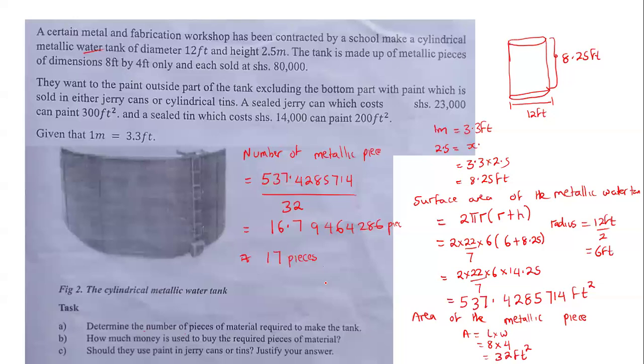I think people have got the money. Now for part B, how much money is used to buy the required pieces of the material? Remember, the materials we had were 17 and the cost was 80,000 each. So for part B, the cost of the material needed will be 17 times 80,000.